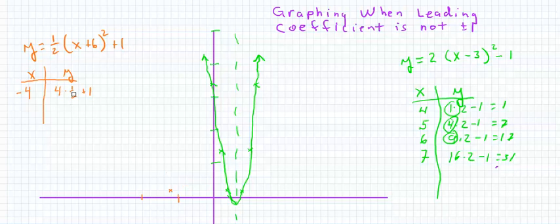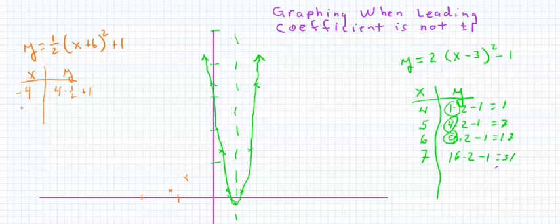All right. 4 times 1/2 is 2, plus 1 is 3. So I'm up right here. Normally, when you go over 2 squares, 2 squared is 4 up, but we're multiplying by 1/2.